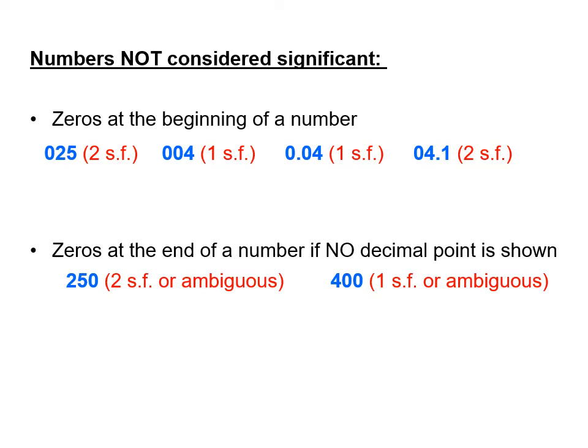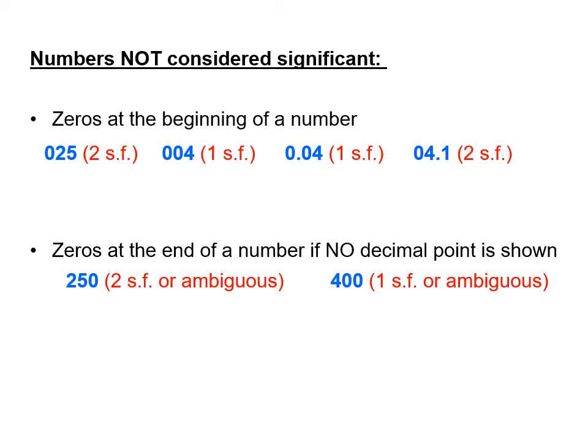That number is ambiguous in terms of the number of significant figures that it has because that zero at the end is a placeholder, but it may also be significant. We don't know if it's significant or not, right? It needs to be there to make our number 250 rather than 25. But whether or not that zero is significant, we don't know. And that's where the ambiguity comes in.